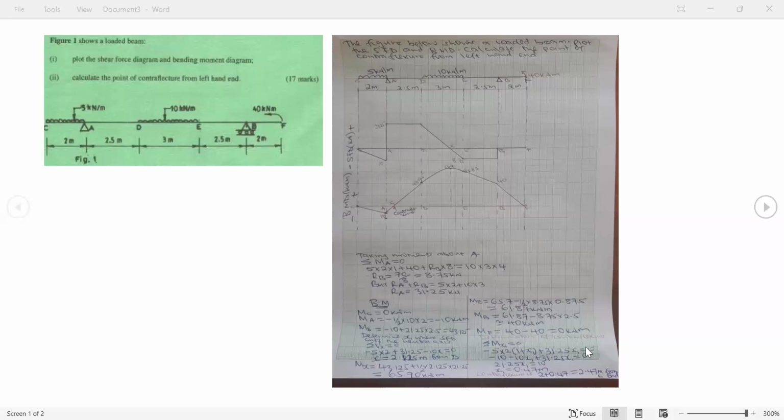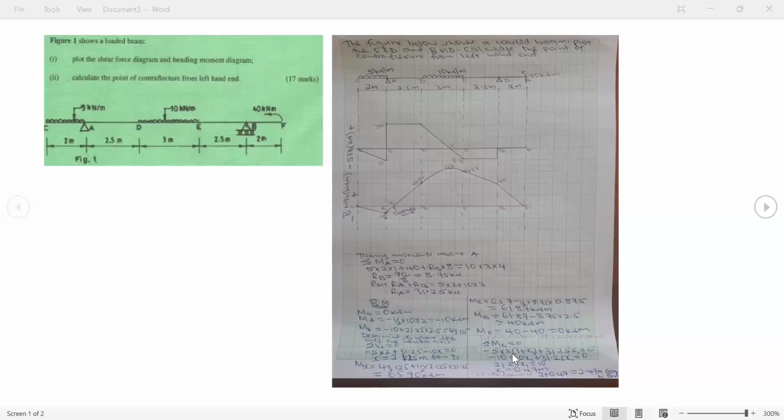And then we want to determine the point of contraflexion. They told us from the left end. Point of contraflexion only occurs on the bending moment diagram, not shear force. So after you plot the bending moment diagram, the point where your plot will cross that line, for example, our case line CF, that is the point of contraflexion.